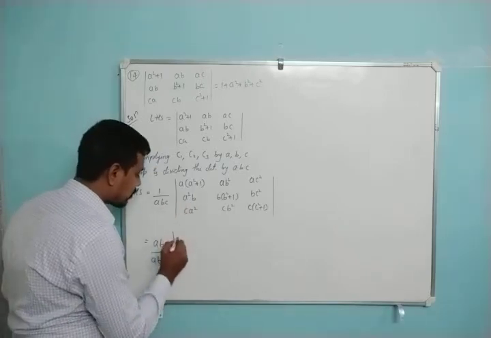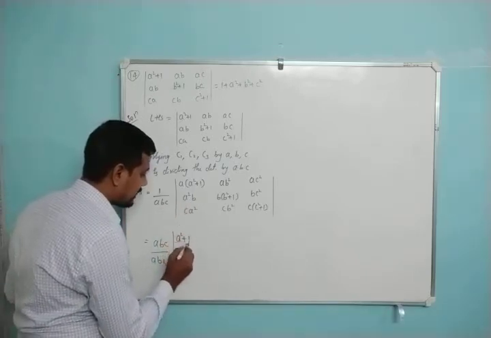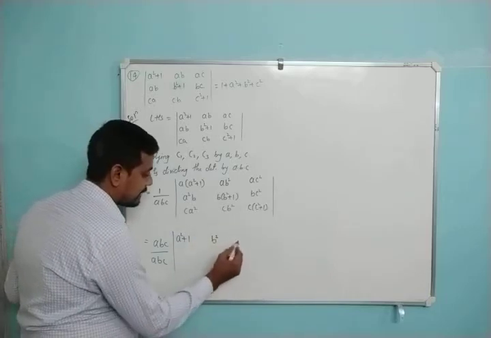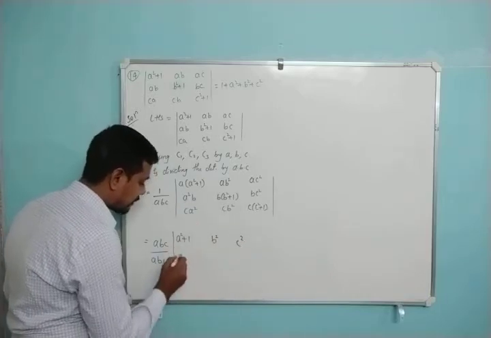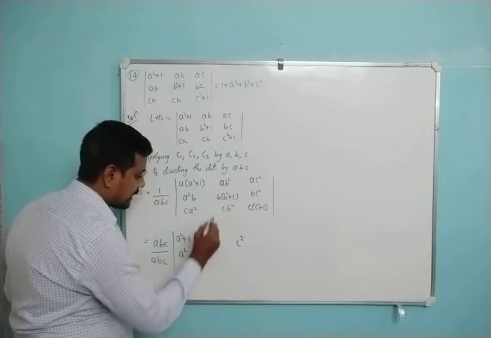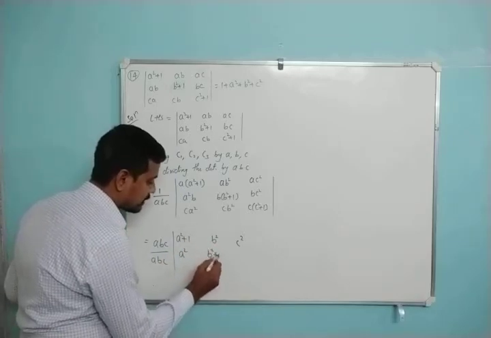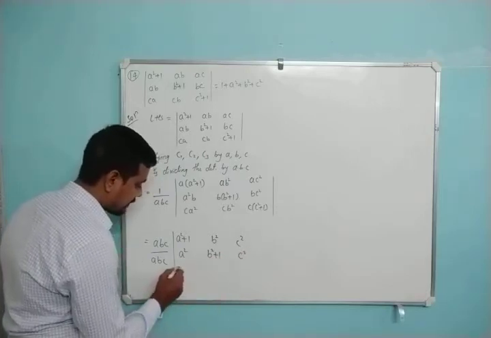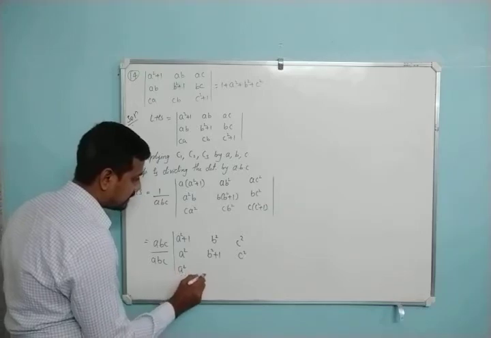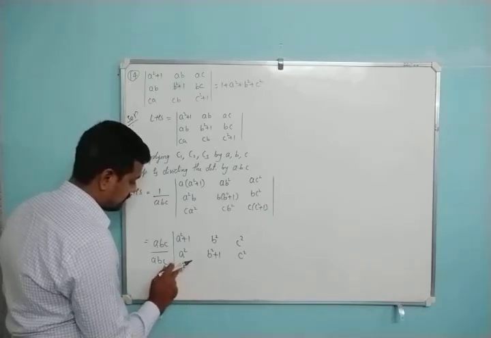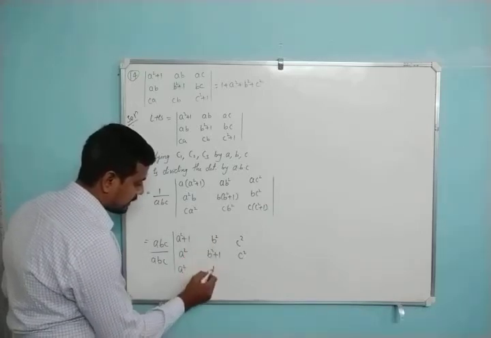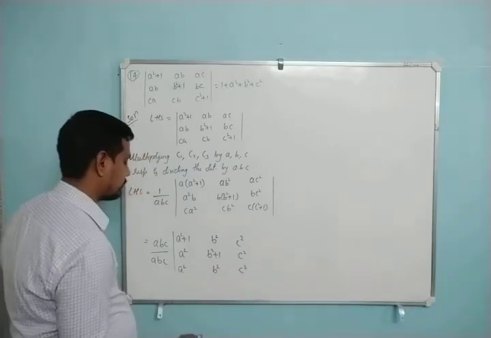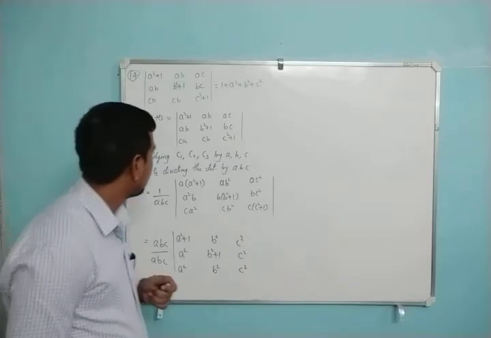So if a comes out, what remains? a square plus 1, right? So here b square and here c square. Here b comes out, what remains? a square and b square plus 1, and here c square. And here c comes out, what remains? a square, right? Okay, and here b square and here c square. Okay, is that fine?